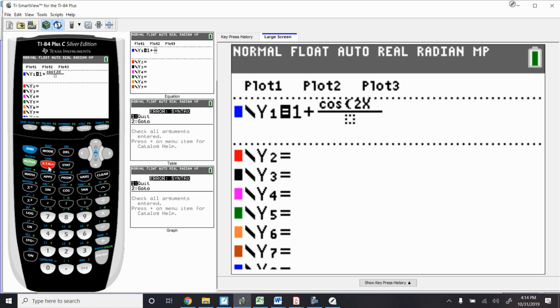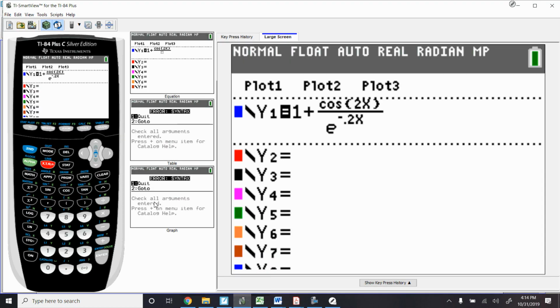I'm using x instead of t, over e to the negative 0.2t. Okay. You want to make sure that you type this in correctly. Again, if you're ever doing things with negatives, make sure you're using this little negative button down here. Just want to double check to make sure that's my function.